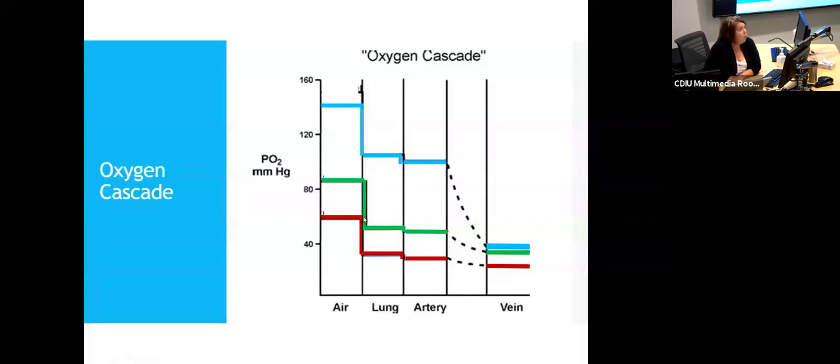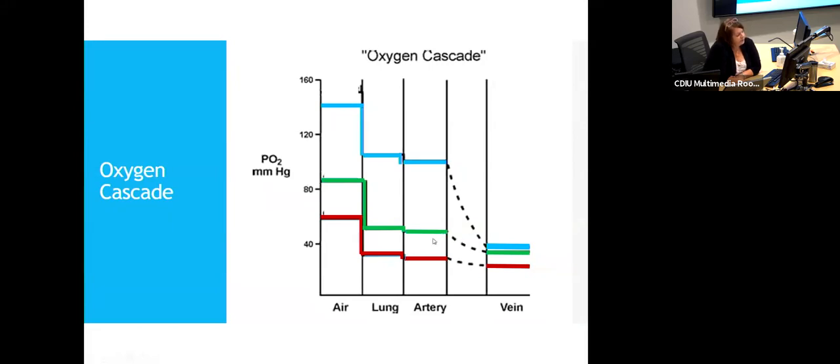toxic mix. Or conversely, we had a mixed cyanotic heart disease, say you have a single ventricle physiology, and you're starting with a lower baseline. You still need to have a concentration gradient in order to move oxygen from the air into the lung, and then you need to again have a partial pressure difference and a concentration gradient to move oxygen from the lung into the arterial system.